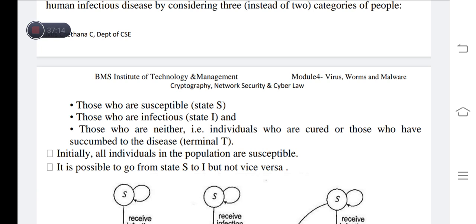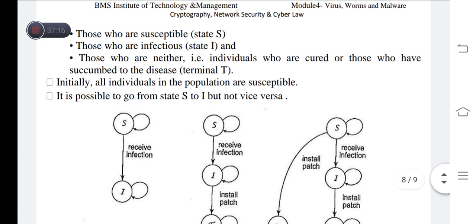The assumption in the KM model is that initially all individuals in the population are susceptible. Now it is possible to go from the state S, the susceptible state, to the infectious state I. A susceptible can become an infectious entity, but not vice versa.